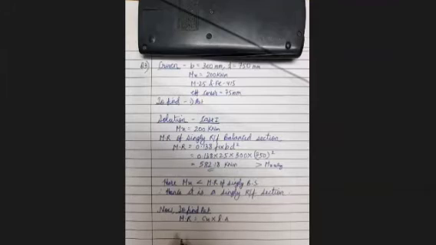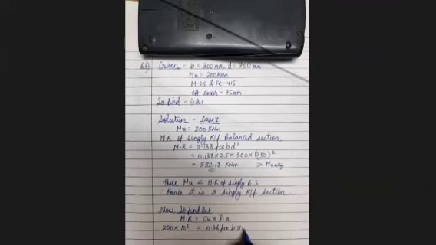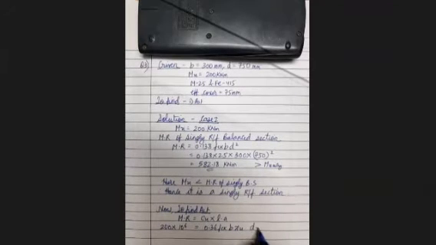So MR is 200. Before finding out the Ast, we will find out Xu, and then we'll find out the Ast.